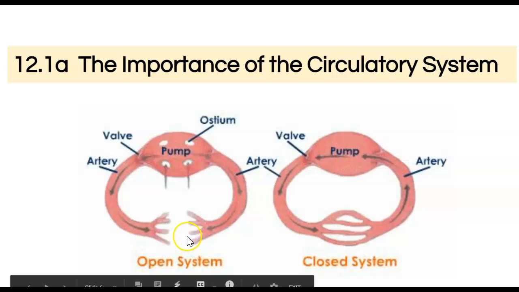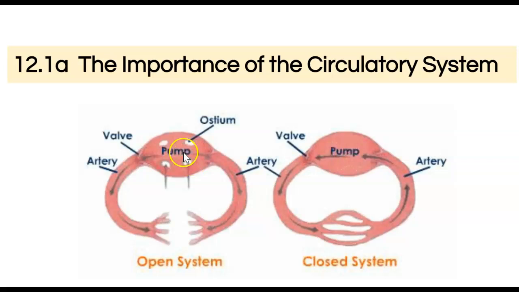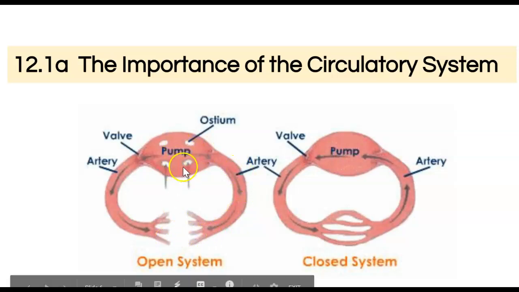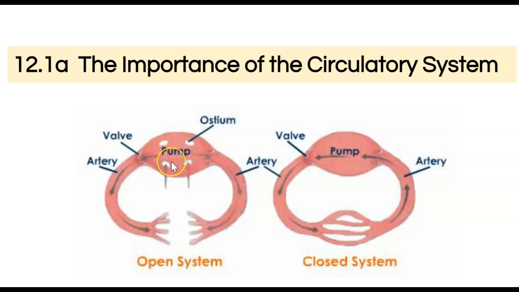So you might say, well, if the blood or fluid is getting pumped into this body cavity, how does it ever get back efficiently to the pump? Well, that's where the ostia come in, because those are little holes. So basically, when this pump, this heart, if you will, pumps fluids out, that creates a bit of an empty space in that pump.